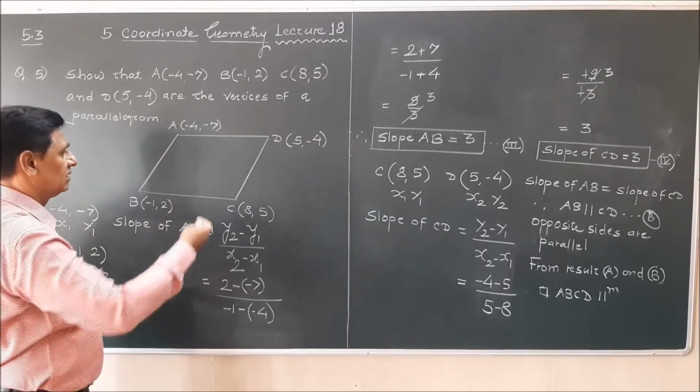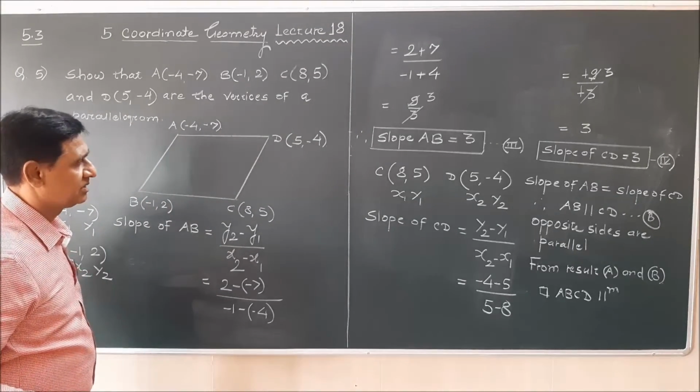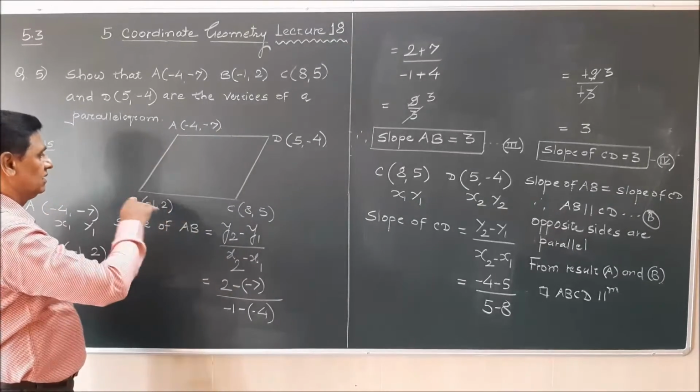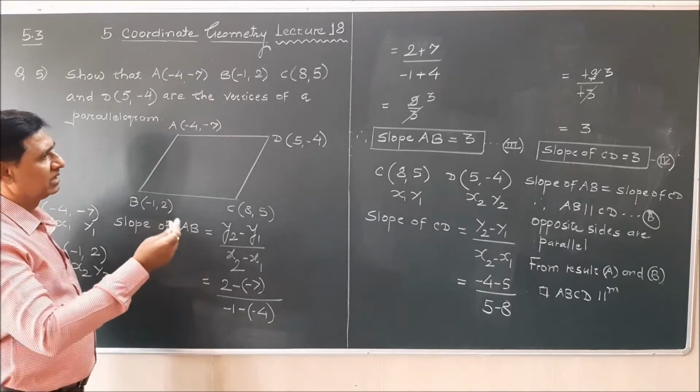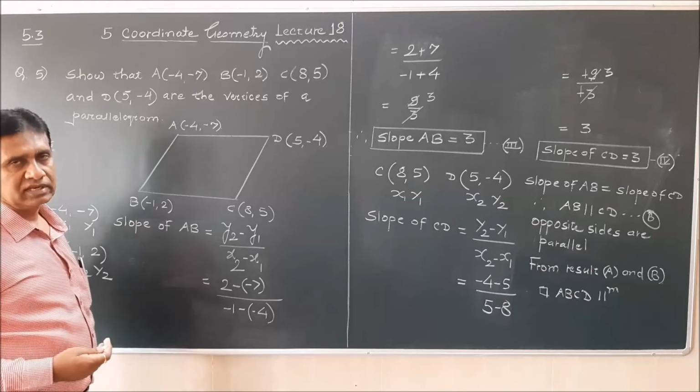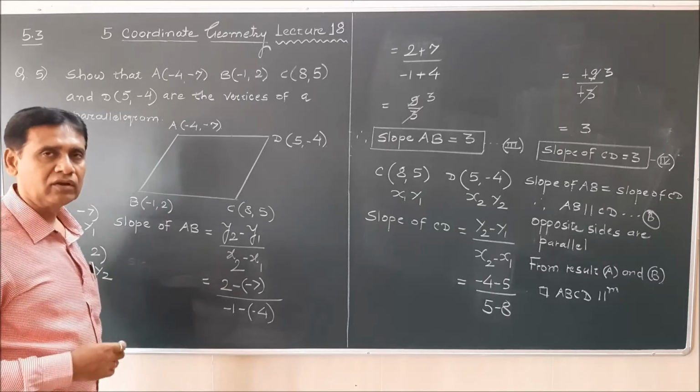Here AB and DC are 3, then AD and BC are 1/3, and this is how we get that since opposite sides are parallel, it's a parallelogram.